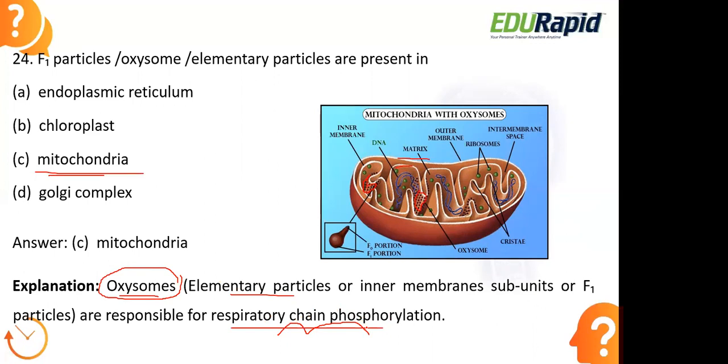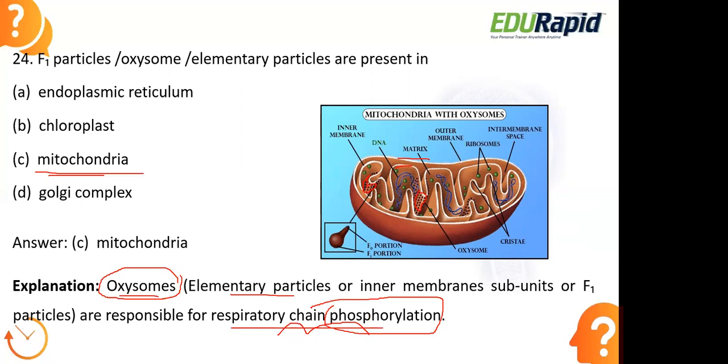So what do we mean by phosphorylation? It is a metabolic pathway where there is electron transfer from electron donors to electron acceptors. So that is what we call phosphorylation. It is one of the metabolic pathways.